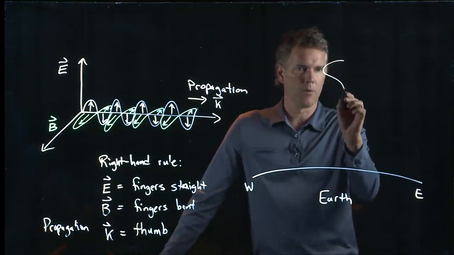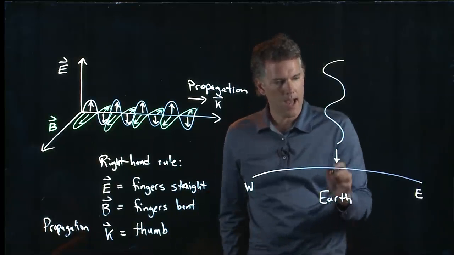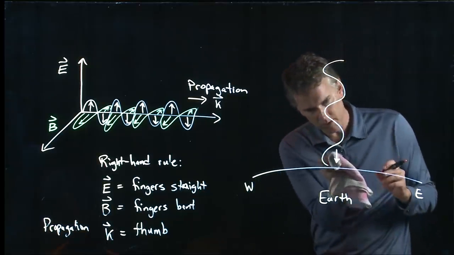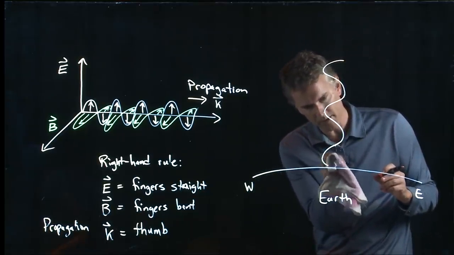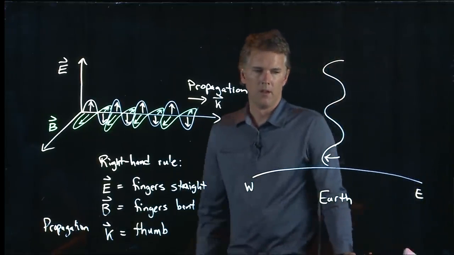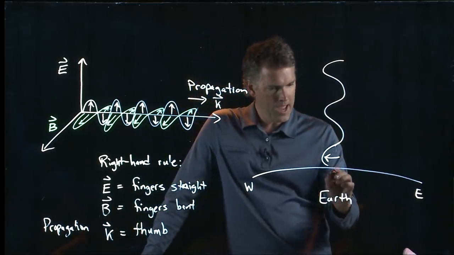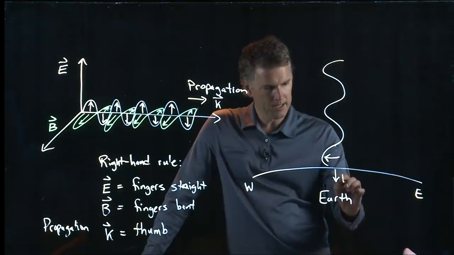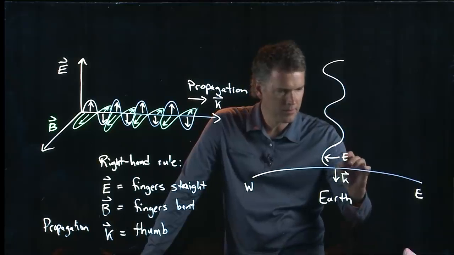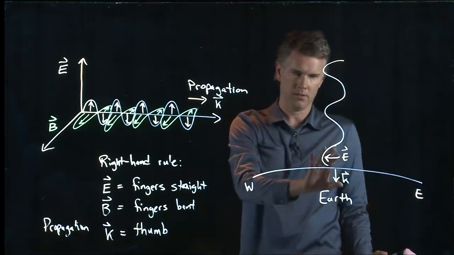Okay, so here comes our wave. It is propagating this way. And at this moment in time, the electric field is pointing to the west. So there is our electric field. So if the electric field is pointing west and the wave is propagating towards the center of the Earth, this is our E field, we know that the B field has to be at a right angle to the E field.